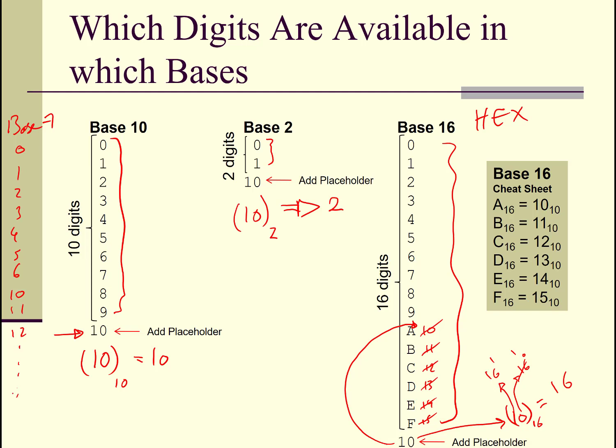Whatever base system you want to invent, you can invent whatever base you want. The only thing that we are interested in is the famous ones, right? Base 10 is the regular one, which everyone in the world deals with.